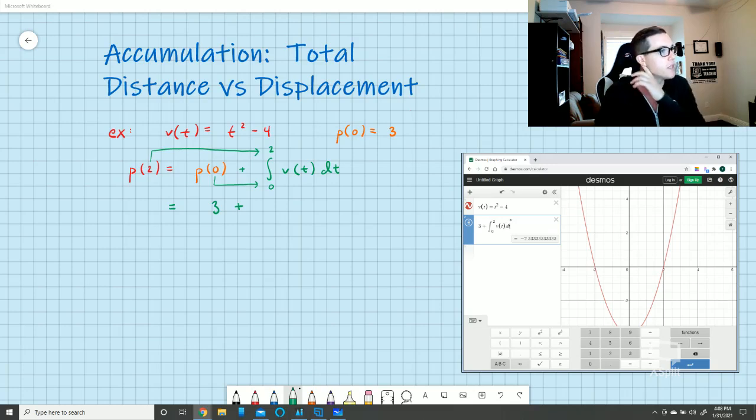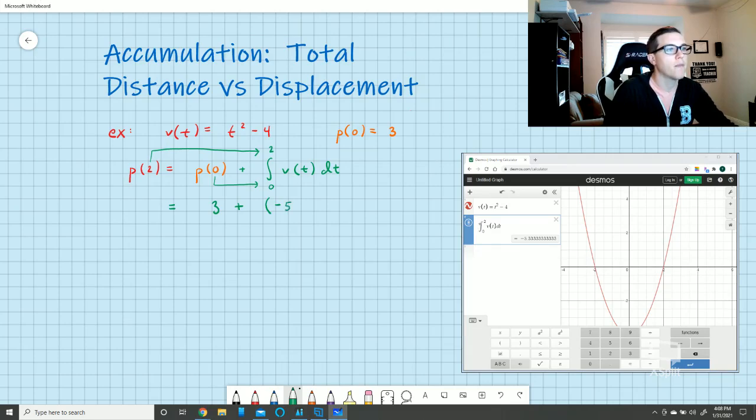So my position was 3 plus this value. If I want to know what this value is without the 3, I guess I could do this. Negative 5.333. 3 decimal places is fine. And that gives me a value of negative 2.33.